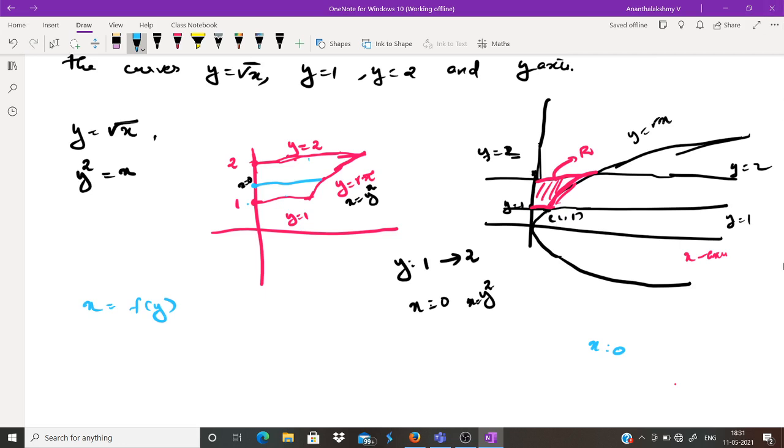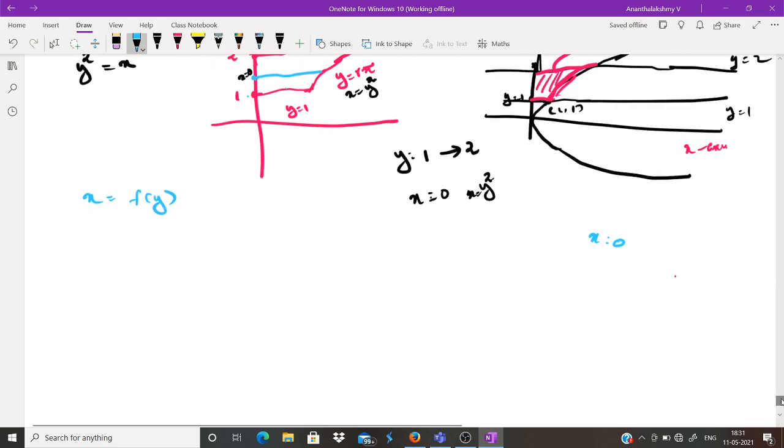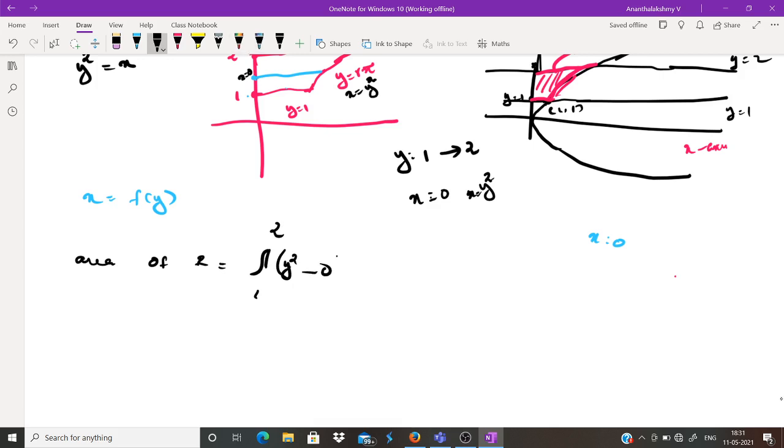So area of region R equal to integral 1 to 2 of y square minus 0 dy, as a function of y. So you get the answer as 7 by 3.